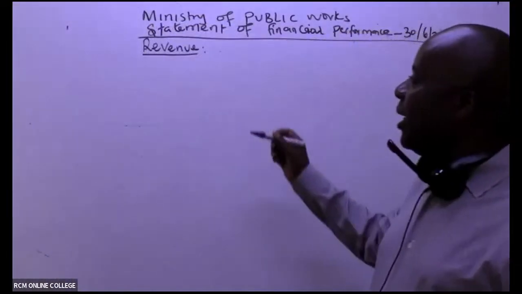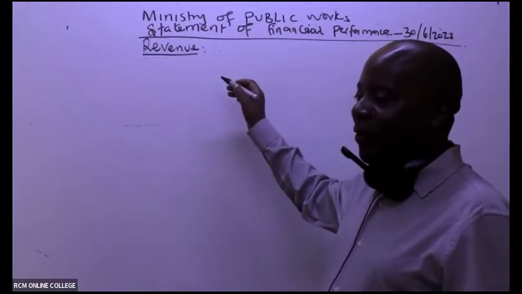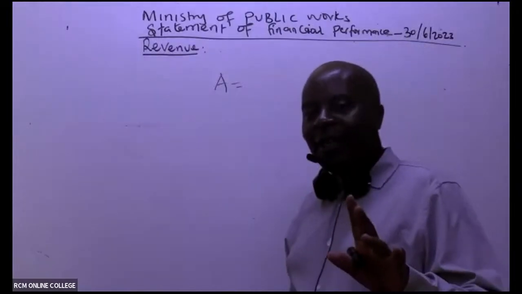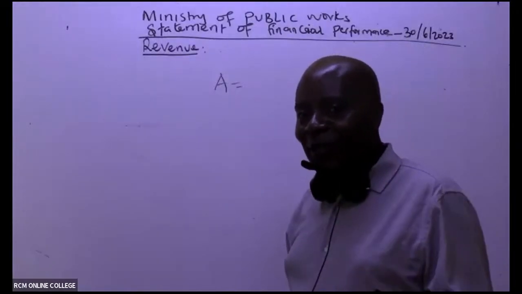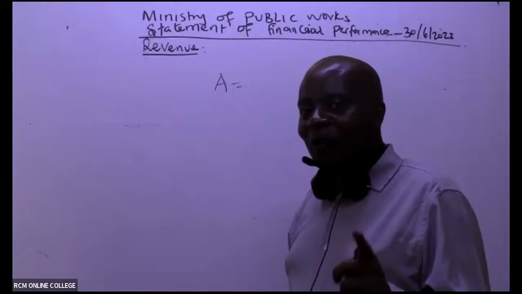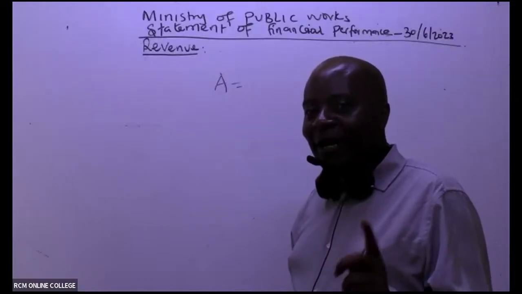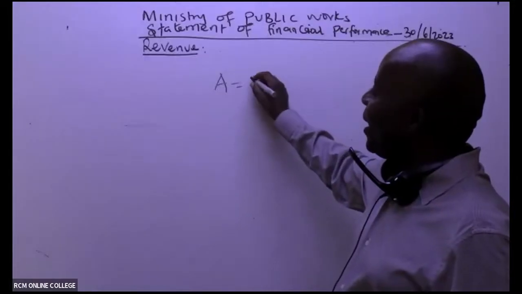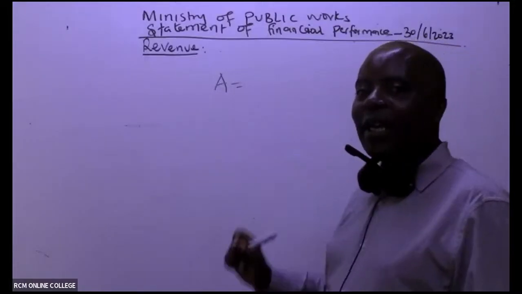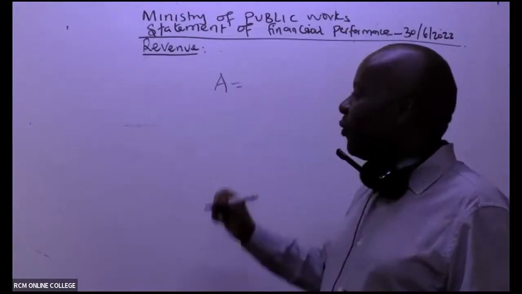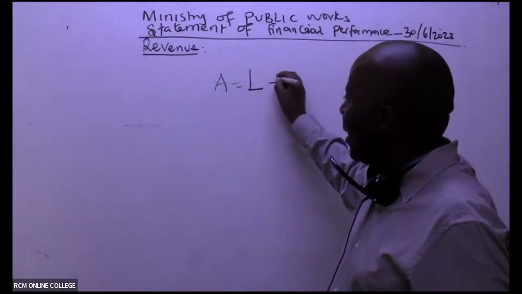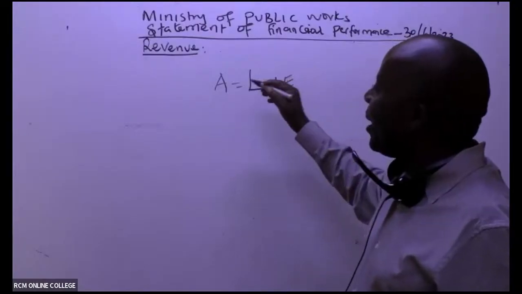Remember, in the private sector, we normally say our assets must be fully financed. They must be fully financed by who? By debt or what here? Equity. Debt, of course, this is what we lump together and call liabilities, plus equity.